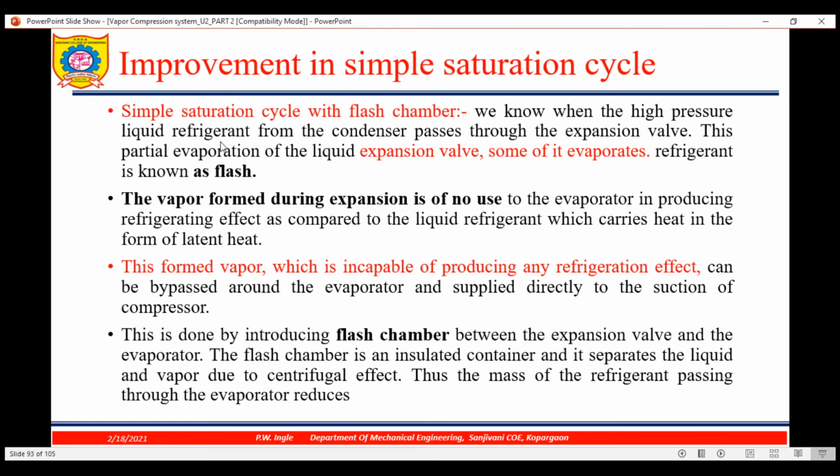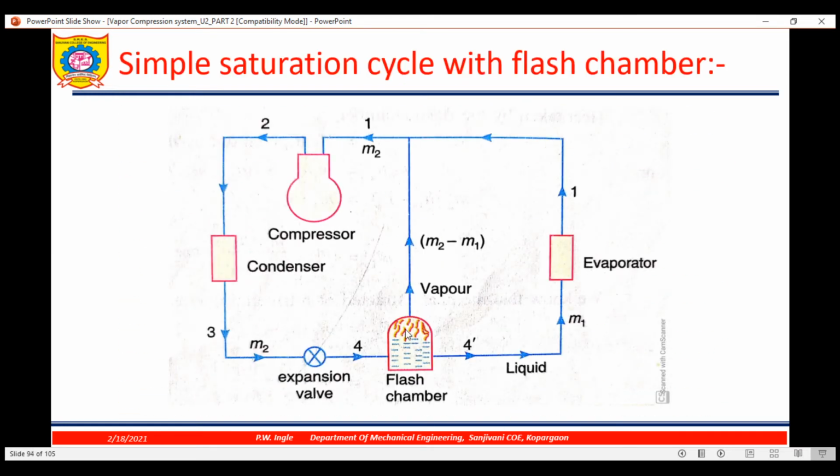Again I will read: the vapor formed during the expansion is of no use to the evaporator in producing refrigerating effect as compared to the liquid refrigerant, which carries heat in the form of latent heat. This formed vapor can be bypassed around the evaporator and supplied directly to the suction of the compressor. So here you see we are supplying this vapor to the compressor directly instead of sending it to the evaporator.